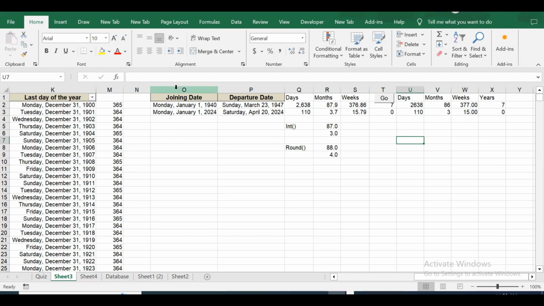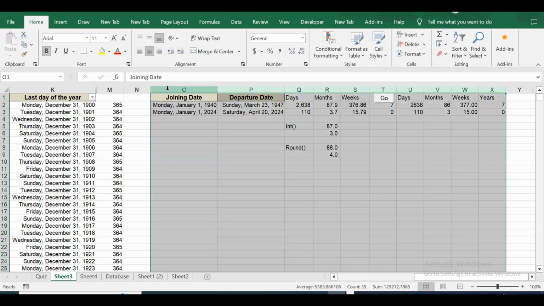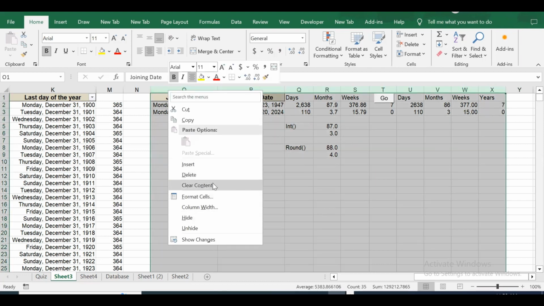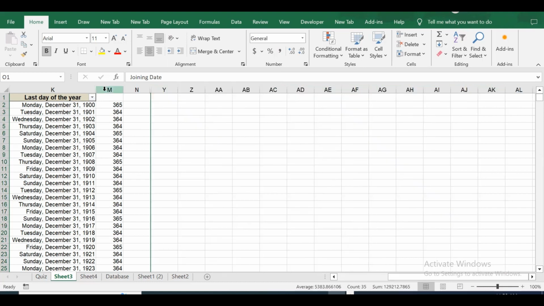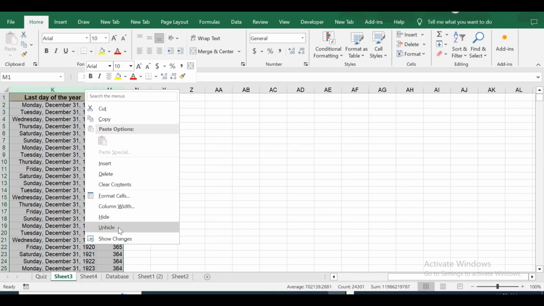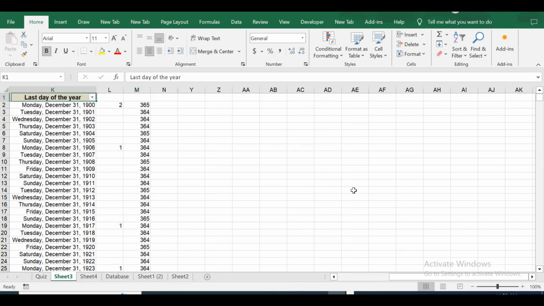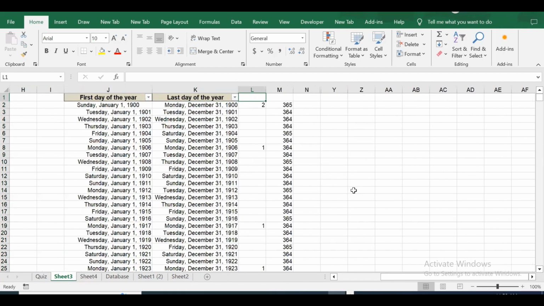At this point, we hide all this and continue with some more things we want to discuss with you. Let's unhide this. I have prepared an interesting analysis like this. Here we are writing a formula.